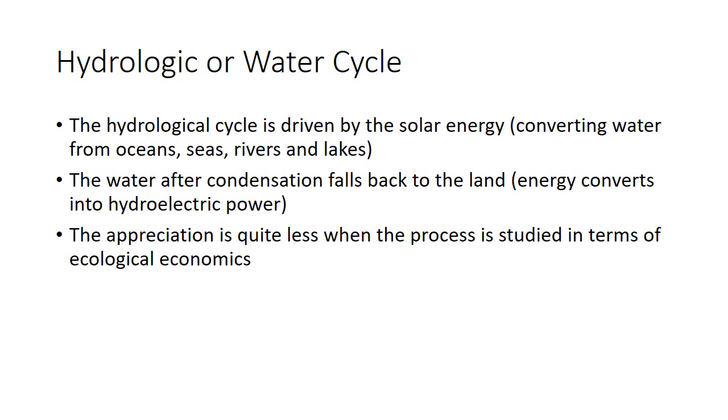The first part is basically an energy consuming process, where the energy is obtained from the solar system, and the latter part is an energy releasing process, in which we get energy and convert that energy into hydroelectric power.